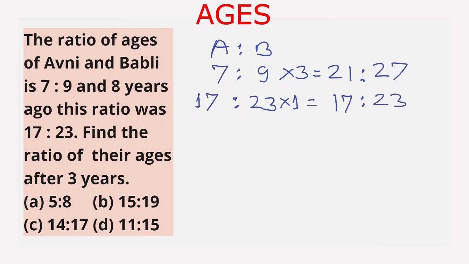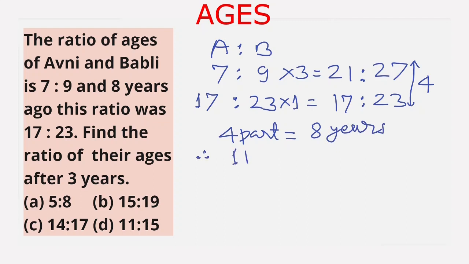Now the difference between 21 and 27 is 6, and the difference between 21 and 17 is 4, as well as 23 and 27 is also 4. So this is 4, and 4 is equal to how much? 4 parts are equal to 8 years, as it is given that it was 8 years ago.